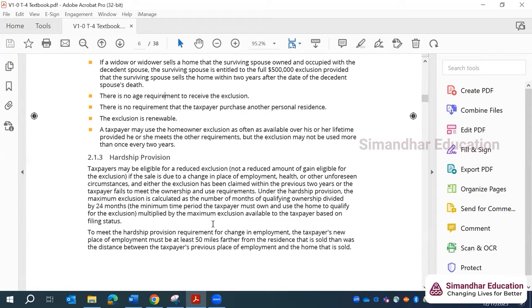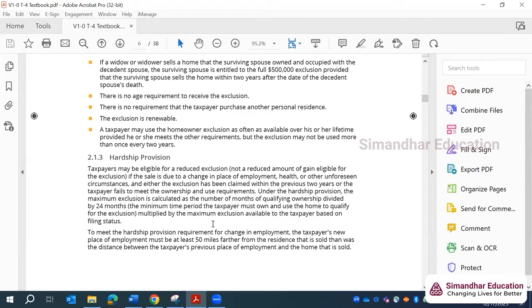The hardship can be that because of work, you have to travel to another city and you have to sell the house, or there could be some health issues, that you may have been diagnosed with some very deadly disease.